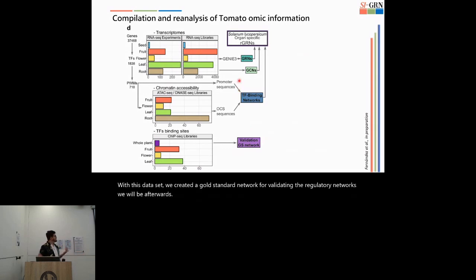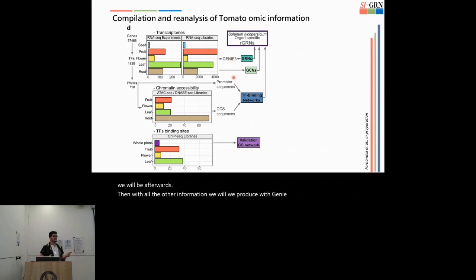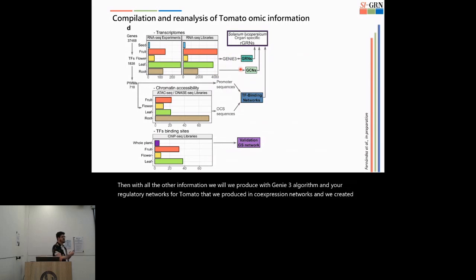Then, with all the other information, we produced with the GENIE3 algorithm new gene regulatory networks for tomato. We produced gene co-expression networks, and we created 2 transcription binding networks using promoter sequences and open chromatin sequences. And at the end, all this was integrated into the new reference regulatory networks for tomato.